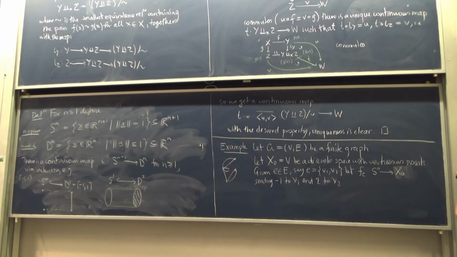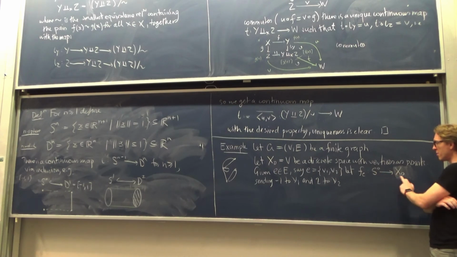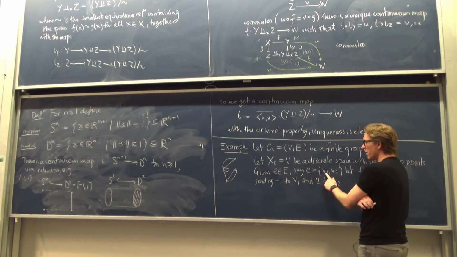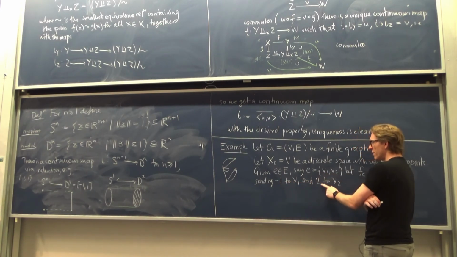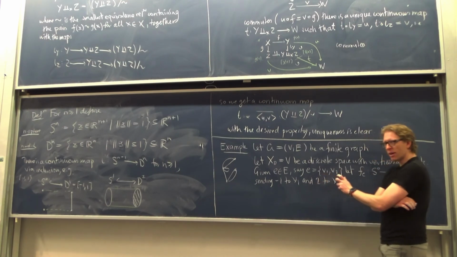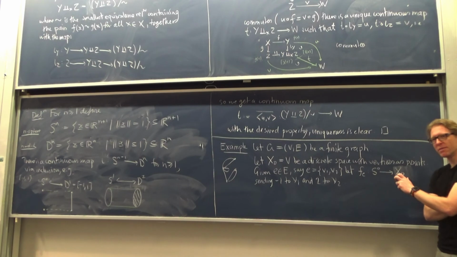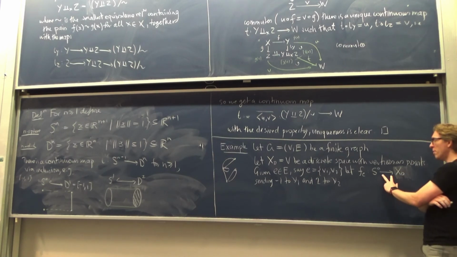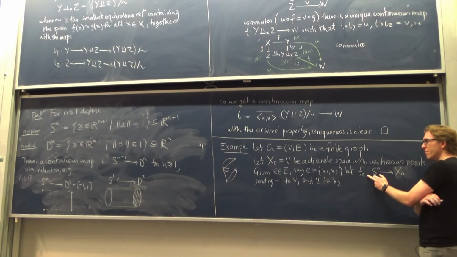To tell you a continuous map out of a discrete space, I just need to tell you a function, because every subset is open. So to tell you a continuous map from S^0 to X^0, I just need to tell you a pair of points of X^0. And there they are. You send -1 to v1, the first vertex on the edge, and 1 to v2, the second vertex on the edge. That seems non-symmetric. Actually, it turns out to be symmetric in the end. All right, but anyway, choose an ordering for the moment. So we get a continuous map for every edge.